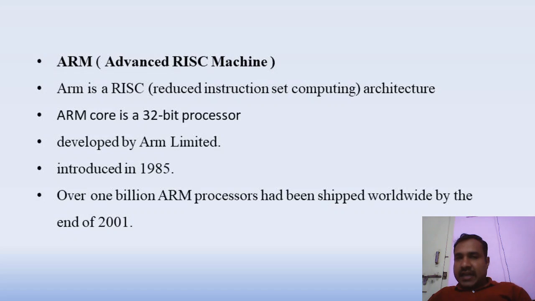It's a RISC architecture, and it is a 32-bit processor, developed by ARM Limited, and nowadays it has been taken over by NVIDIA. It was introduced in the year 1985, and by 2001, 1 billion ARM processors had been shipped worldwide. That shows how ARM is developing.